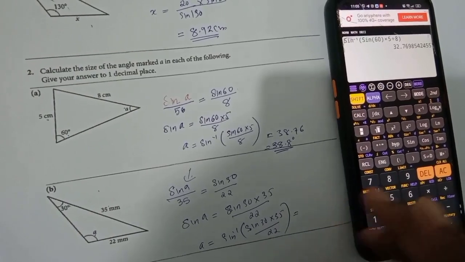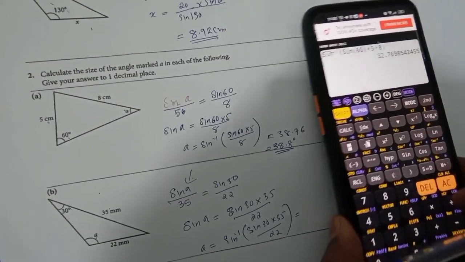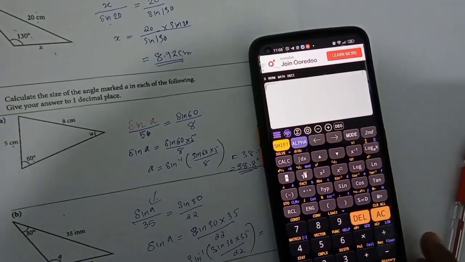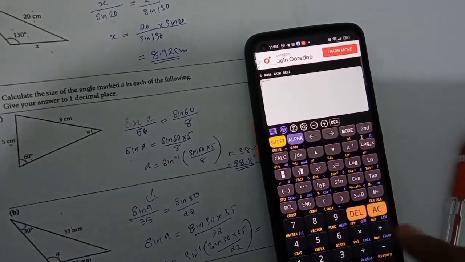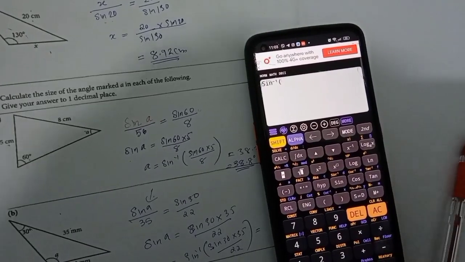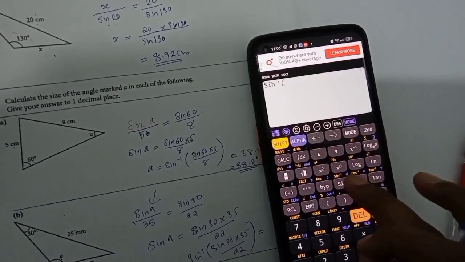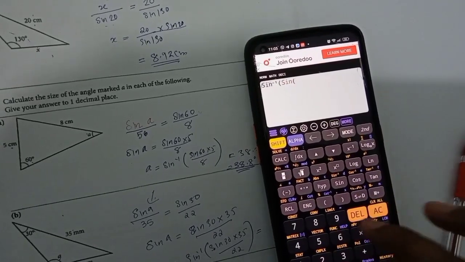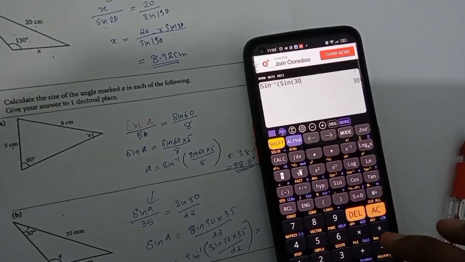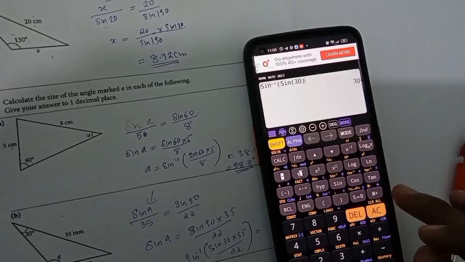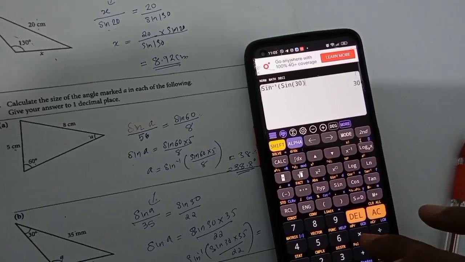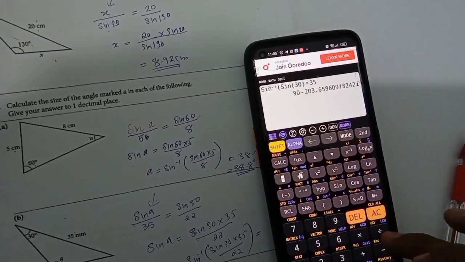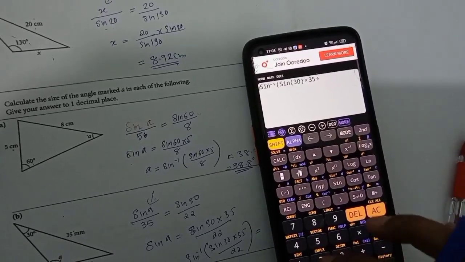You can find the value using the calculator. First press shift and sine, so it becomes sine inverse. Next sine 30 into 35 divided by 22.